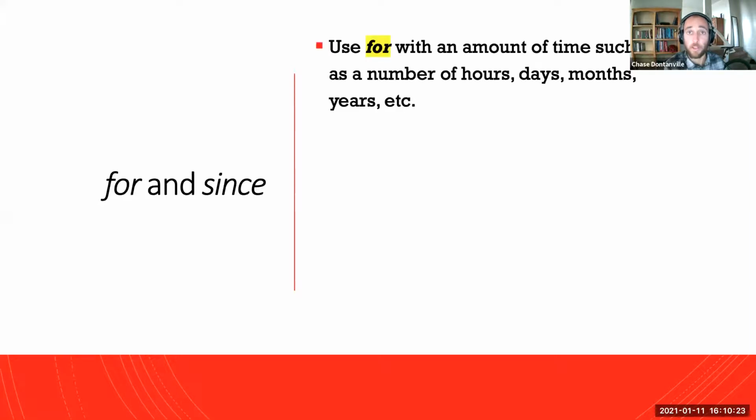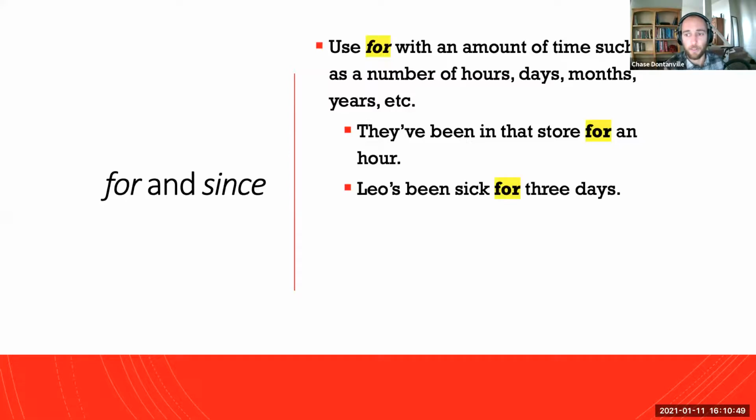For, okay, so you will use for with an amount of time, such as a number of hours, days, months, years, etc. Okay, so an amount of time. They've been in that store for an hour. So for an hour tells us the amount of time. And again, we have the present perfect, they have been. Leo's been sick for 3 days.